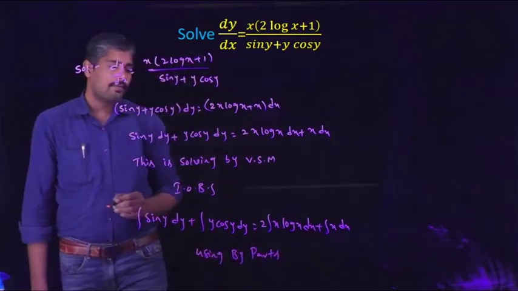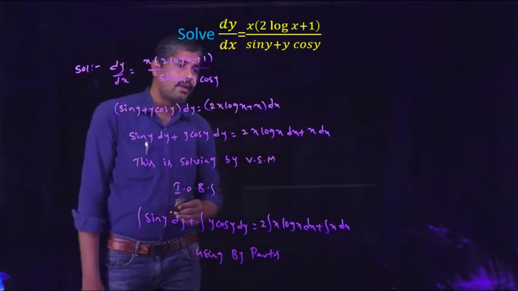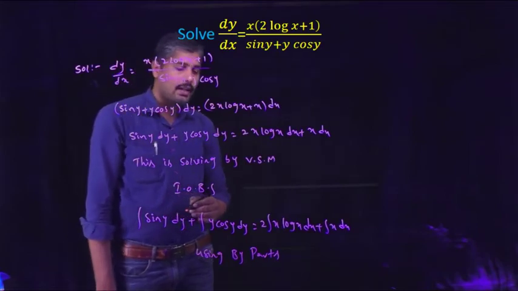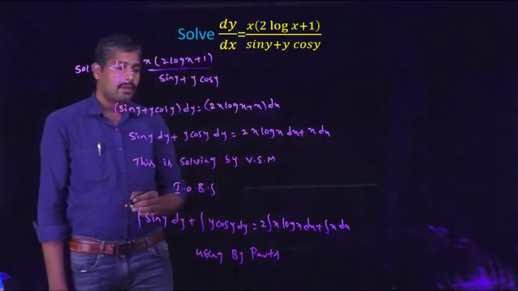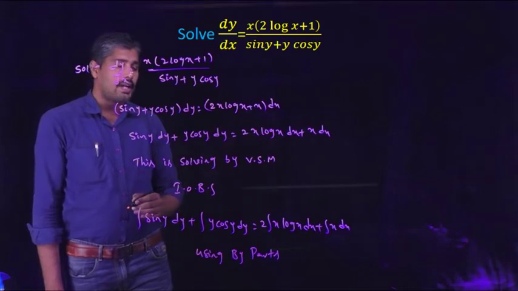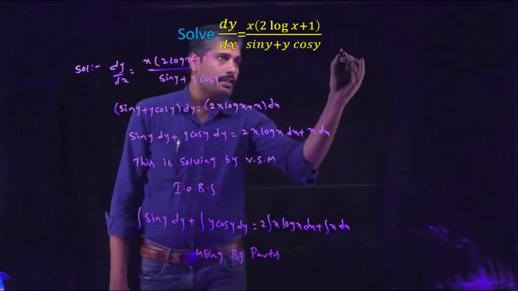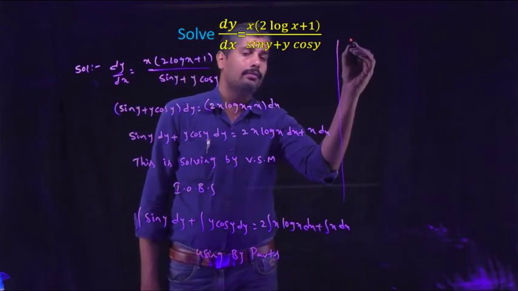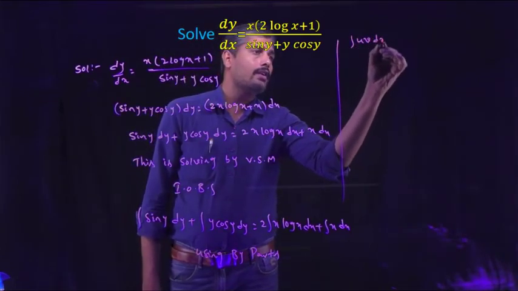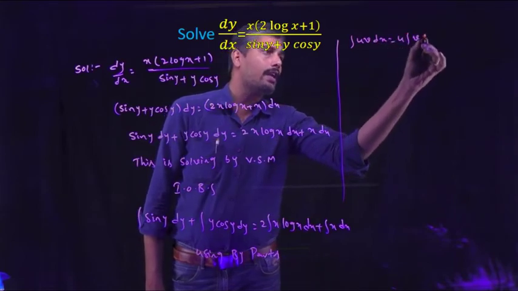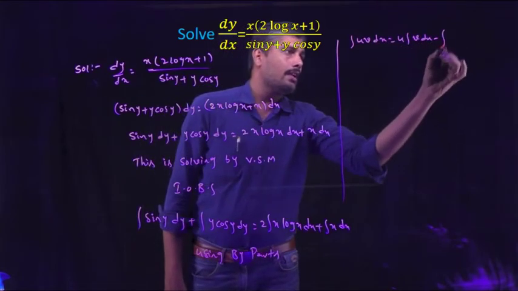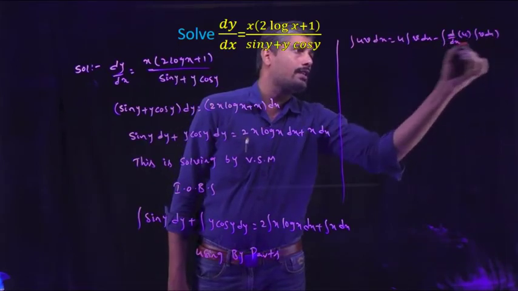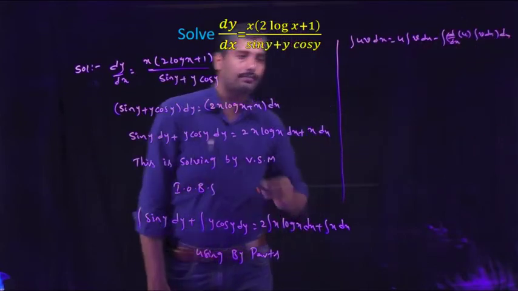We know the by parts formula: integral uv dx equals u into integral v dx minus integral of (derivative of u into integral v dx) dx. This is the by parts formula.